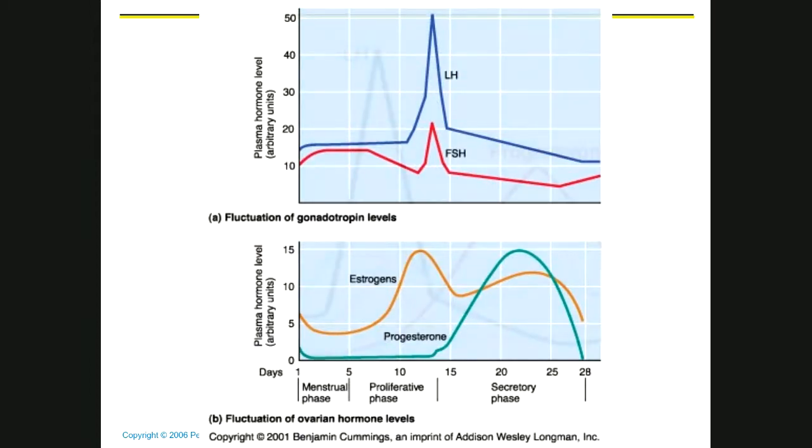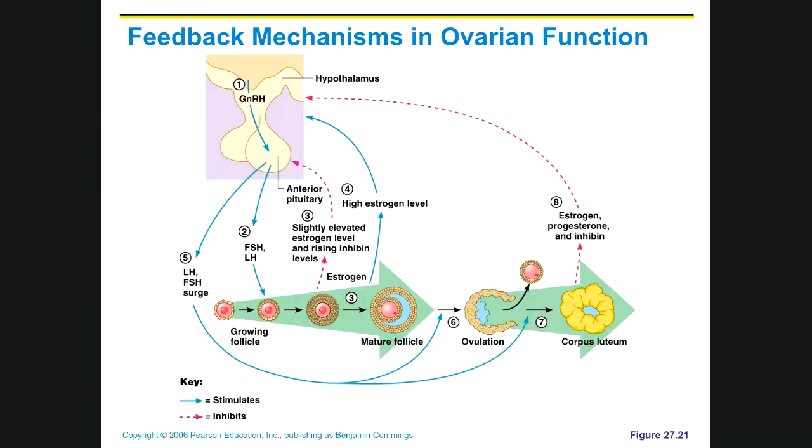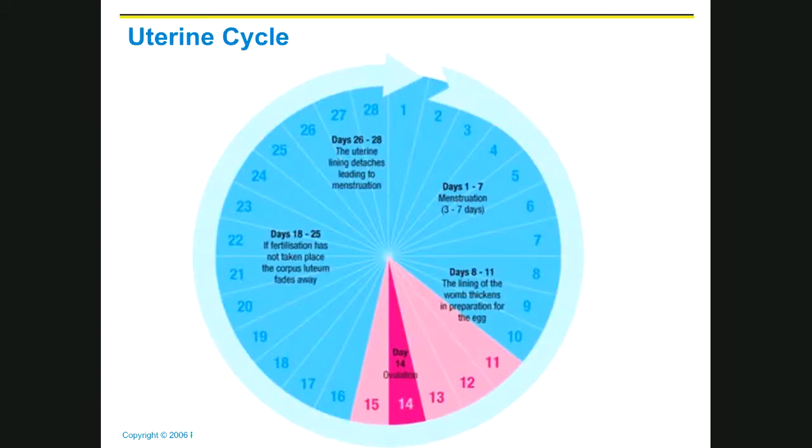And so alongside this ovarian cycle, we're going to have a cycle happening in the uterus too. So the uterus has to be prepared for the fertilized egg. And if it's not prepared, if it arrives at the wrong time, the fertilized egg will not be hung on to. And so we have the same 28-day cycle.